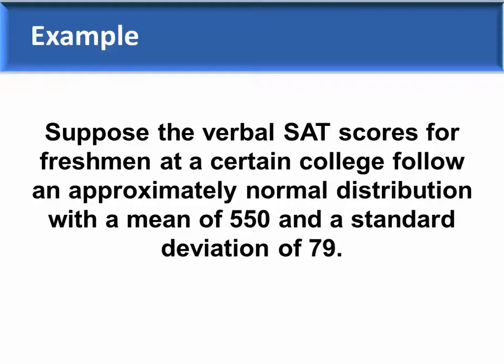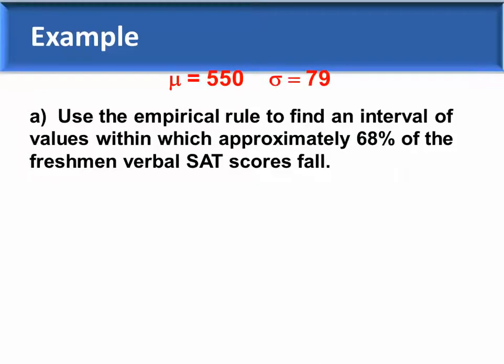So how are we going to use this? We can use those percentages to identify percentages of people or ranges of scores that occur in certain amounts. Looking at this example, we have a verbal SAT score for freshmen at a certain college, which follows an approximately normal distribution with a mean of 550 and a standard deviation of 79. So we've got our mu of 550 and our sigma of 79.